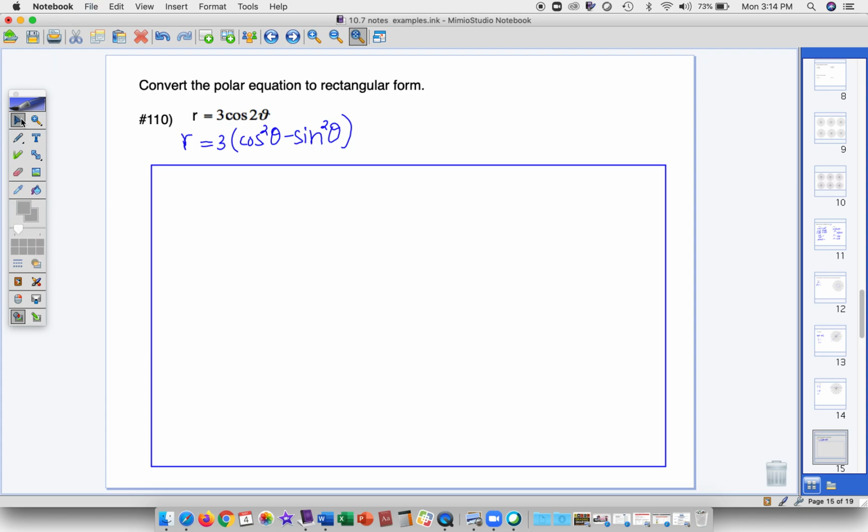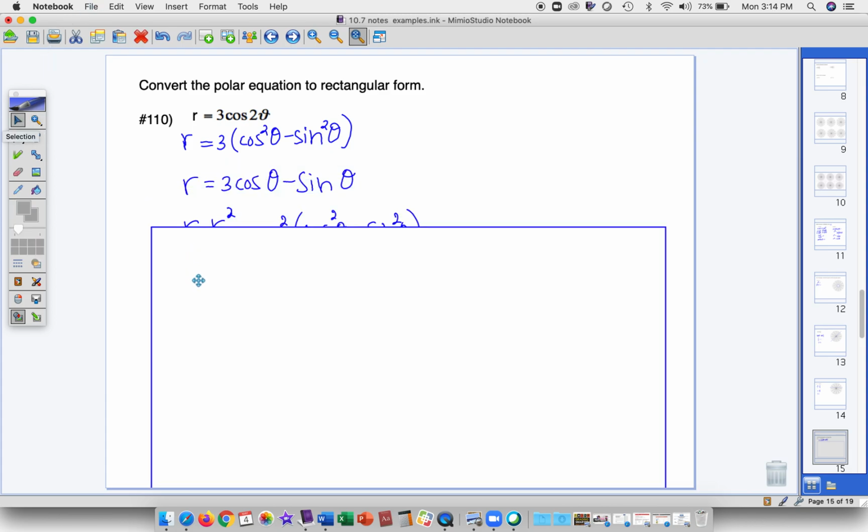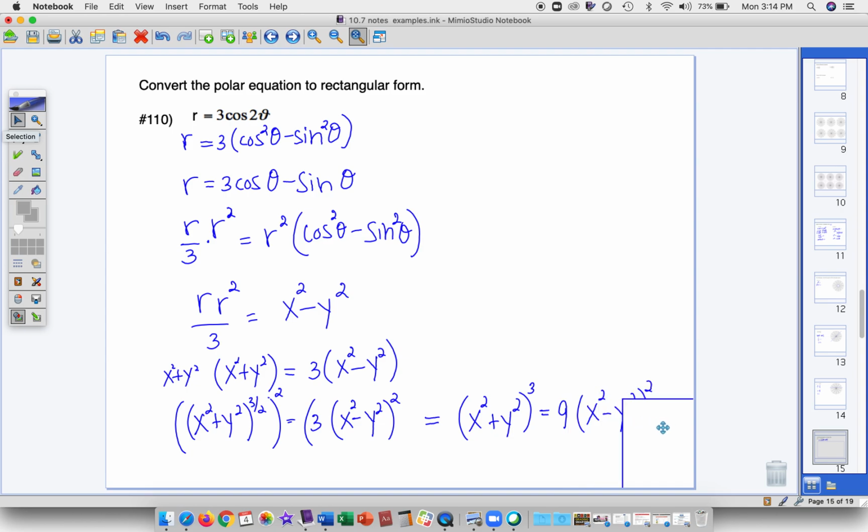Okay, let's see how you did. Here, I got my squares. I didn't distribute the 3, so let's put parentheses there. So I have r is equal to 3 times the quantity cosine squared theta minus sine squared theta.